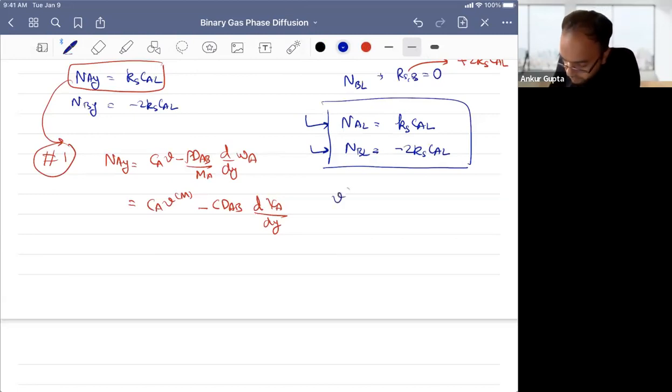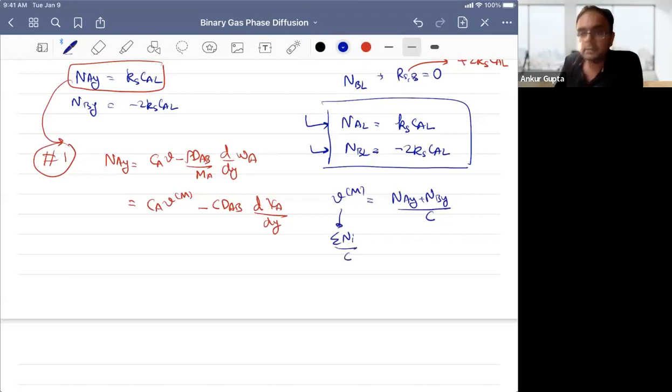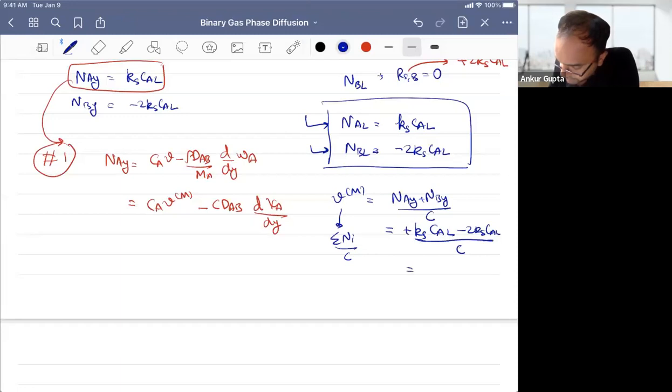The molar velocity is (NAY plus NBY) by C, because the definition of molar velocity is the sum of N_i by C. We already know NAY is K_s C_AL and NBY is minus 2 K_s C_AL, so the molar velocity comes out to be minus K_s C_AL by C.